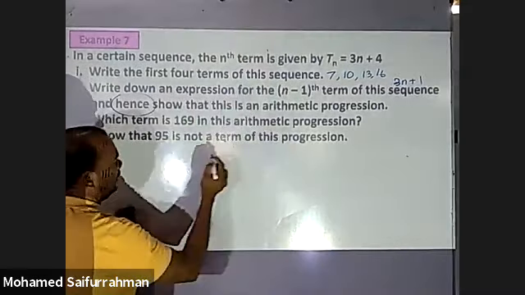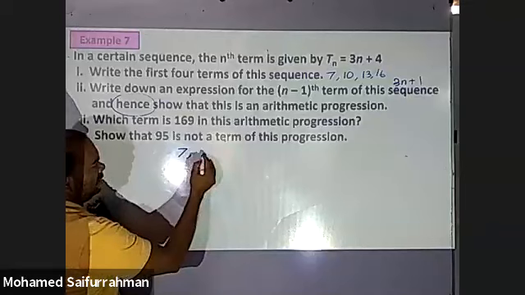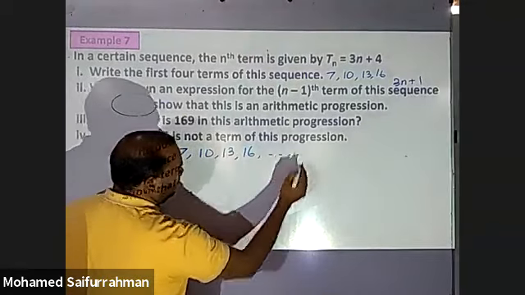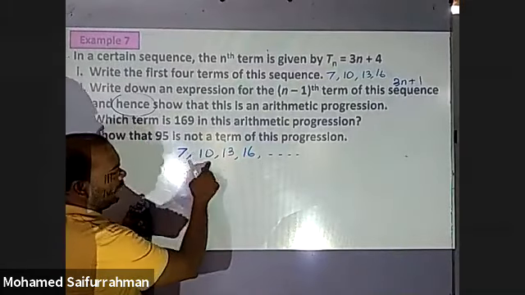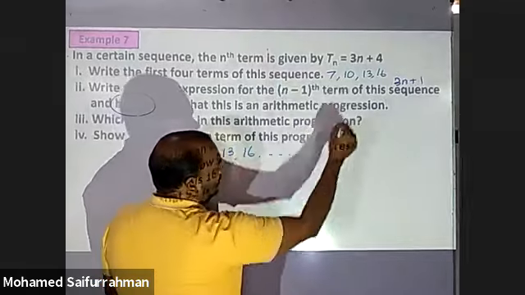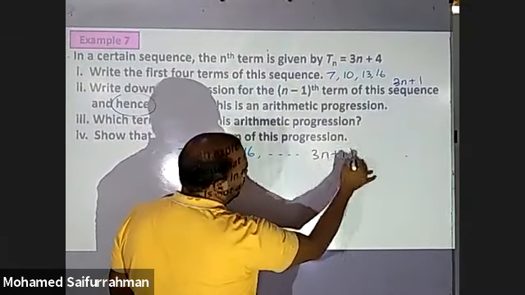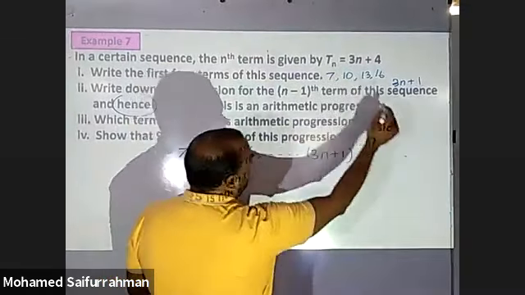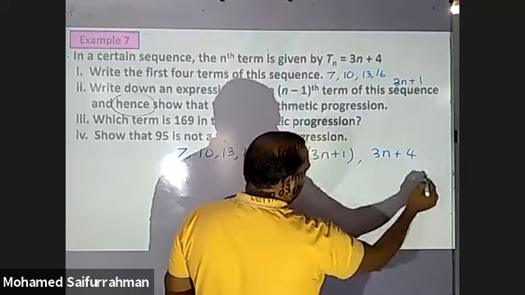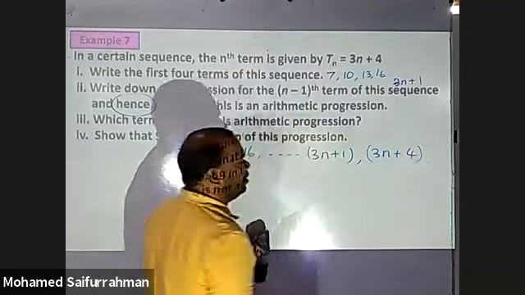Here, the arithmetic progression is 7, 10, 13, 16: first term, second term, third term, fourth term, n minus 1 term, and the nth term. So this is the progression.